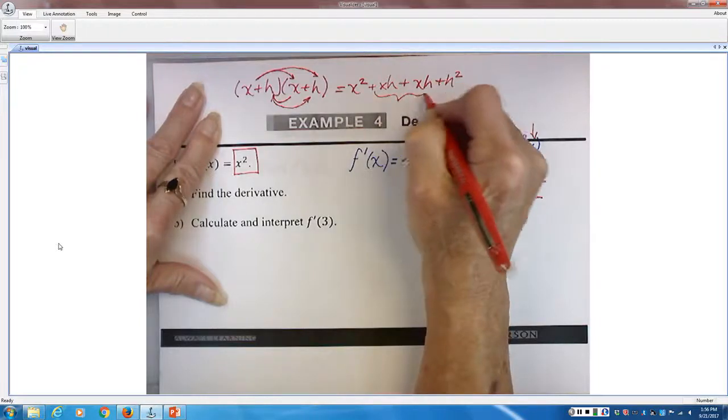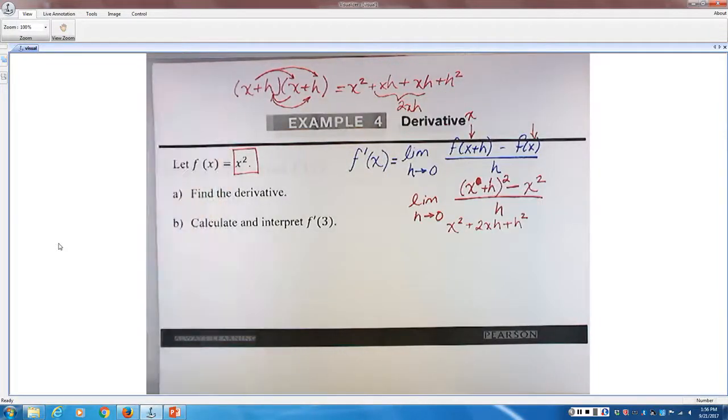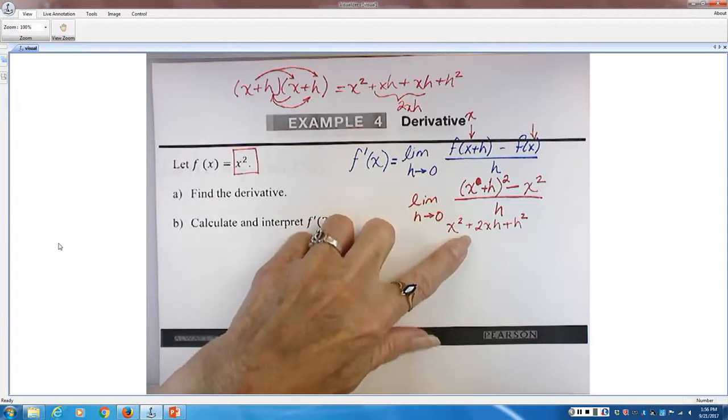So where the 2xh comes from is the two middle terms.